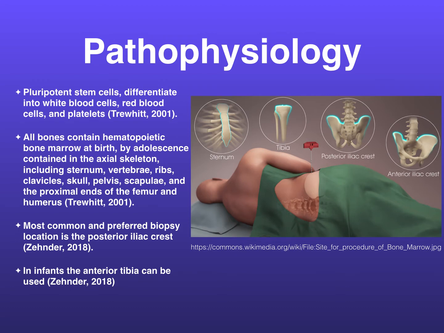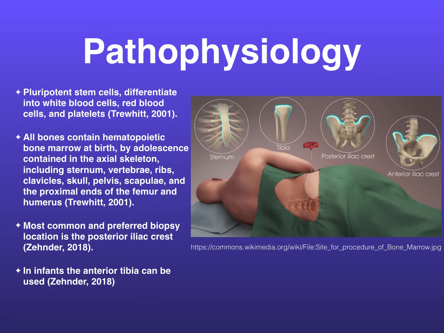Bone marrow is located in all of our bones at birth, and then as we age, it becomes consolidated to the axial skeleton, which includes the sternum, vertebrae, ribs, clavicles, skull, pelvis, scapula, and the proximal ends of the femur and humerus.